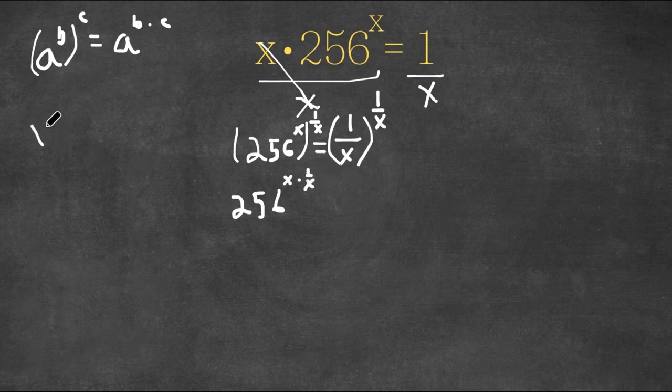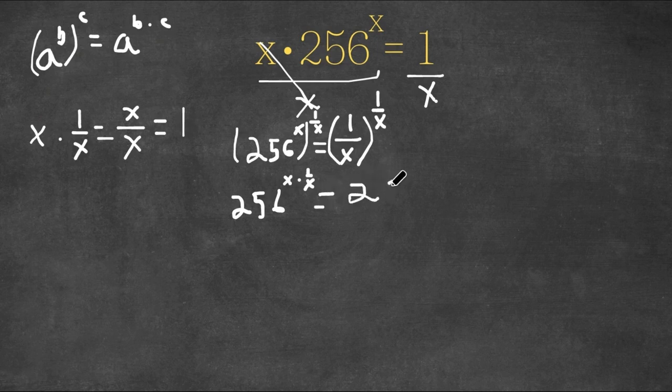Now, x times 1 over x, this is equal to x over x, which is equal to 1. So this is equal to 256 to the power of 1, which is the same thing as just simply 256.